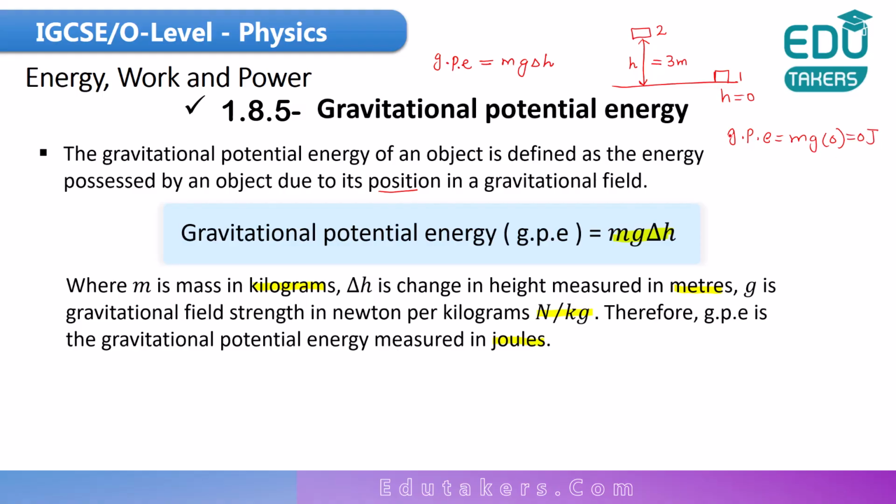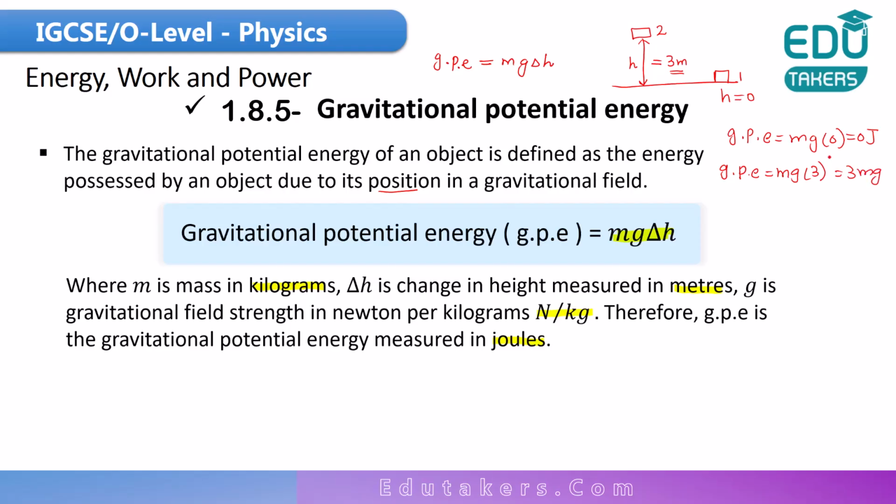It means that any object that is placed on the Earth's surface has gravitational potential energy 0 because in this case the height is equal to 0. After that, if I see the second object, it is placed at some height which is 3 meters. So I just put here the gravitational potential energy is equal to mg times 3. So it is basically equal to 3mg.